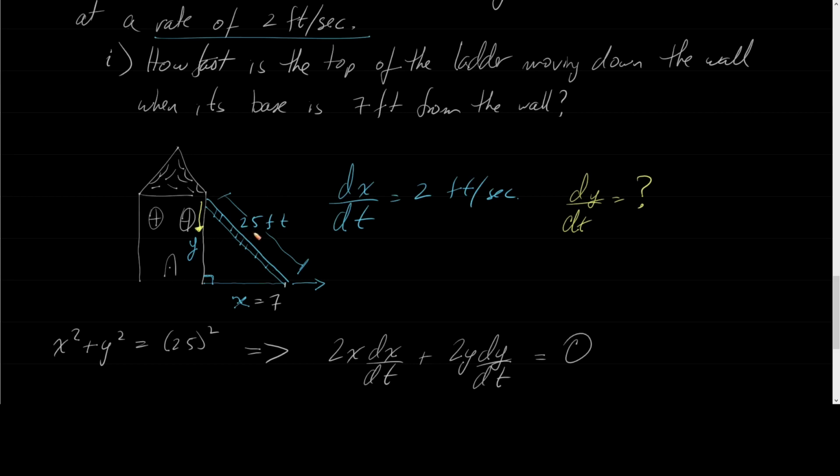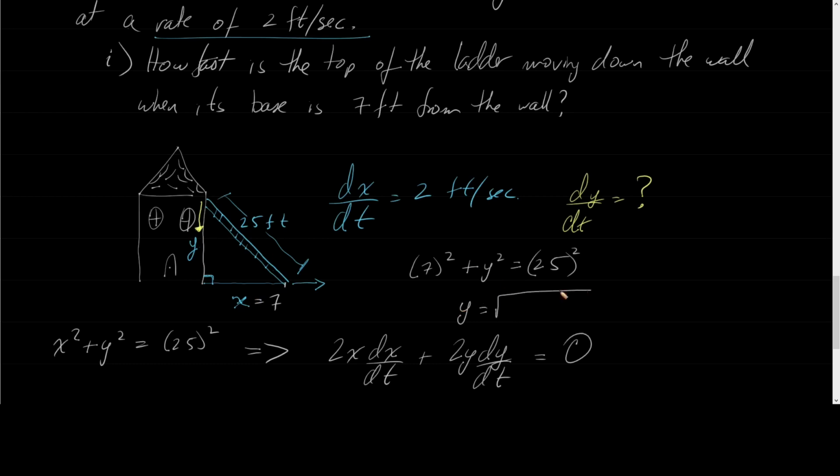So from the Pythagorean theorem, we can figure out what y would be, right? Using the Pythagorean theorem, I've got 7 squared plus y squared is equal to 25 squared. So y is equal to technically plus or minus, but I'm going to use just the positive version because we're dealing with distances here.